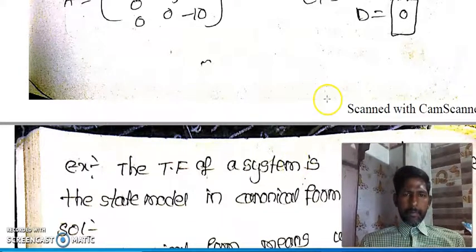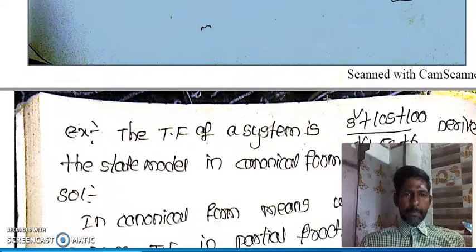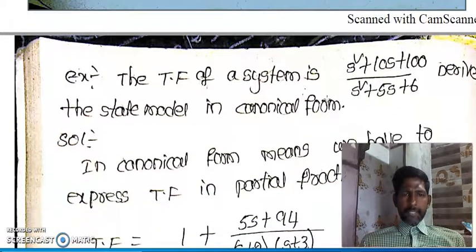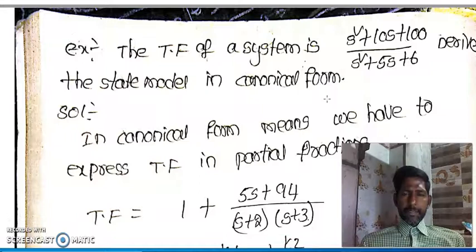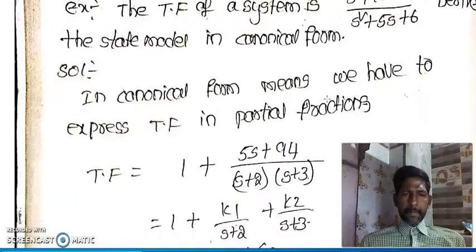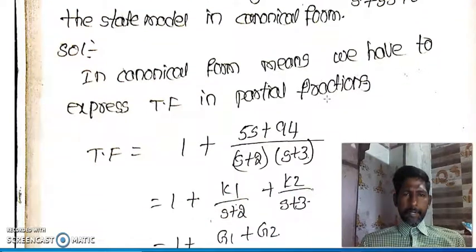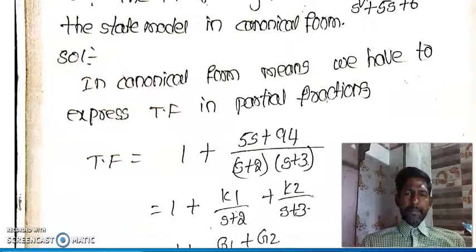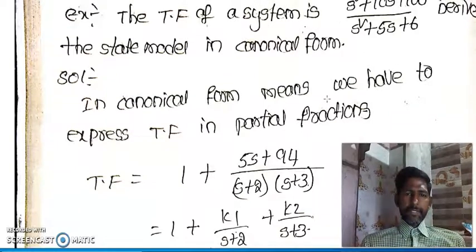The next problem is the transfer function of a system is s square plus 10s plus 100 divided by s square plus 5s plus 6. Derive the state model in canonical form. In canonical form means in block diagram. That is, first we need to represent in the form of partial fractions for the given transfer function.